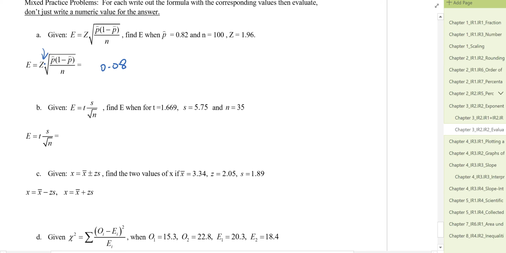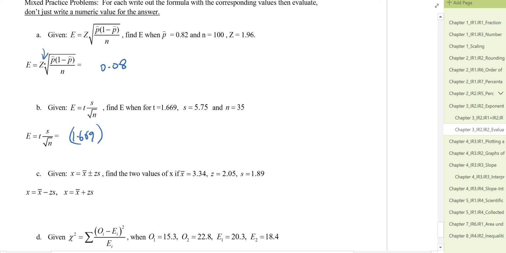Now in part B, watch out here. For T times S over the square root of N, I will write T, like the T value, which in this case is 1.669, in a parenthesis.